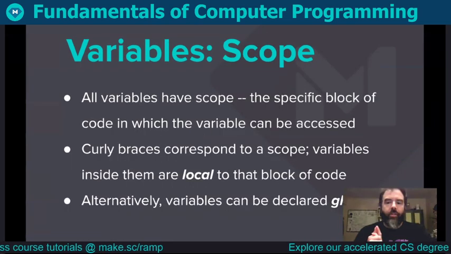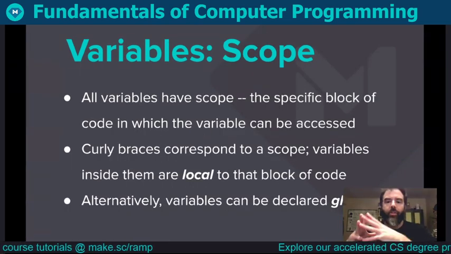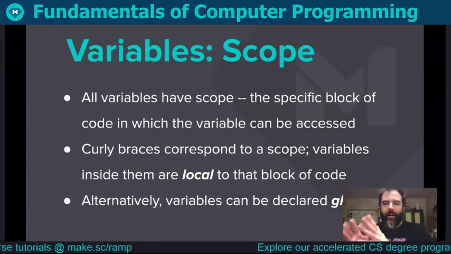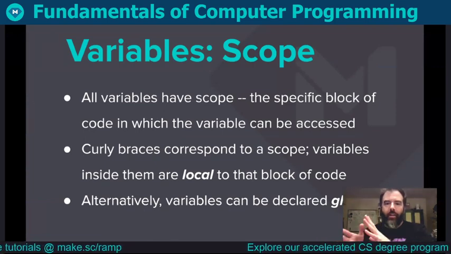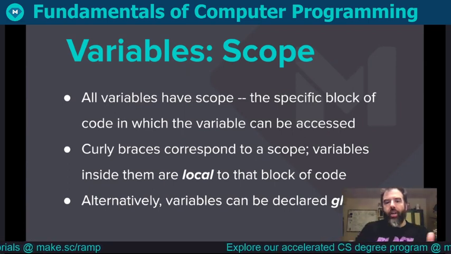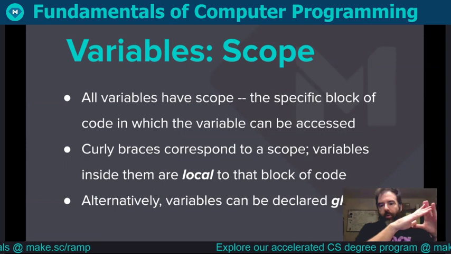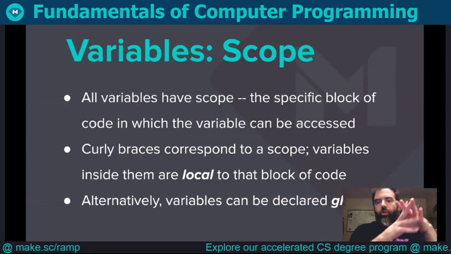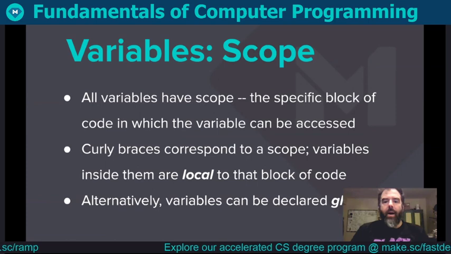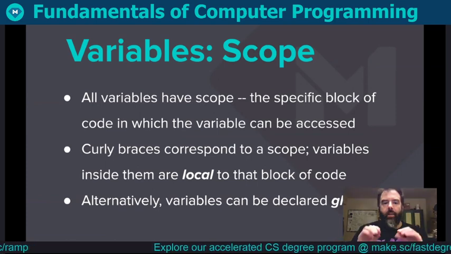I went into scope. Just remember, scope and curly braces correspond. So if you're confused about scope, think about the curly braces. And scope can also be applied globally at the top of your program. A lot of you saw that. So if it's at the top of your program, it's global. If it's nested in somewhere, you're going to think about it as being local to the code that's within those curly braces.